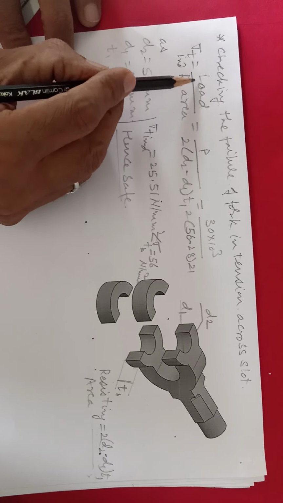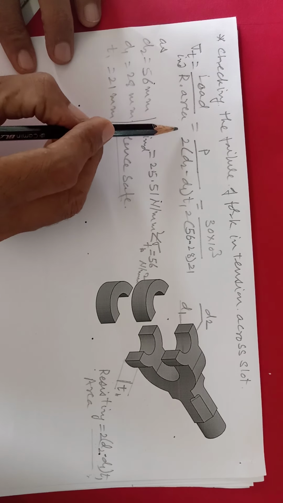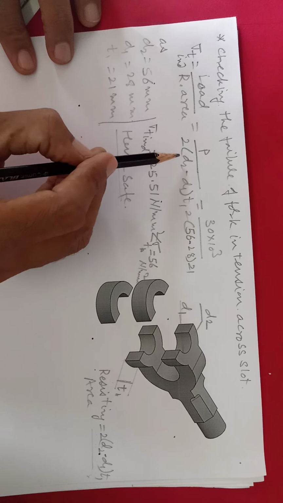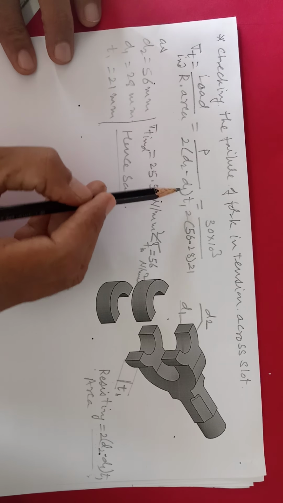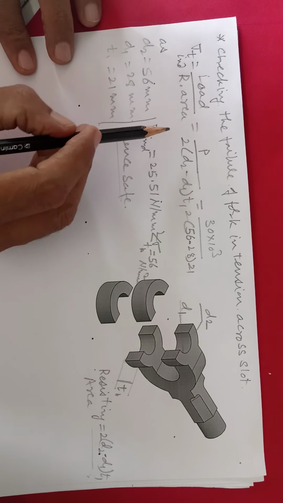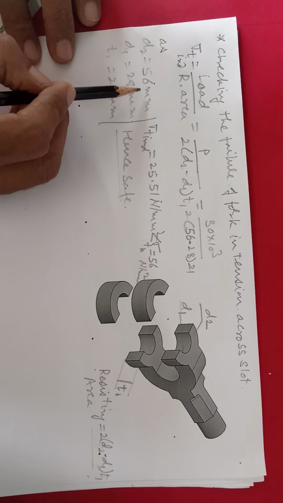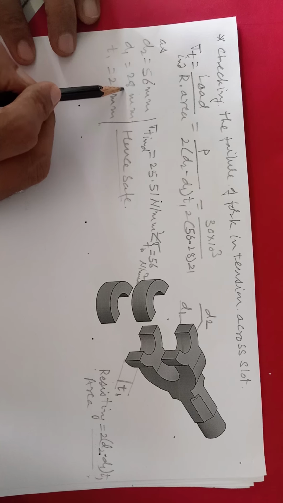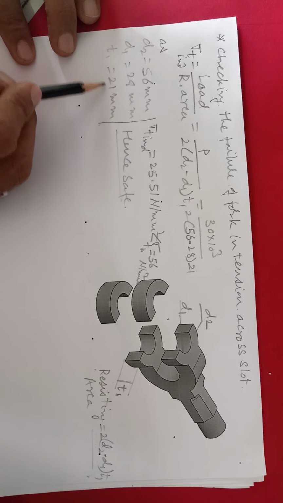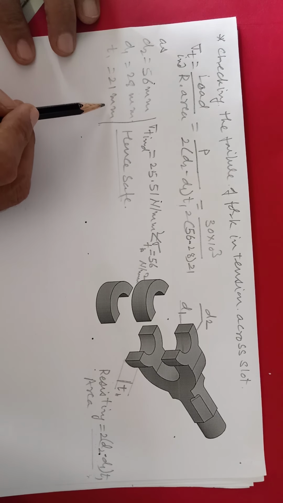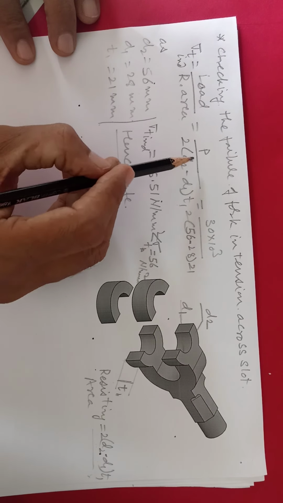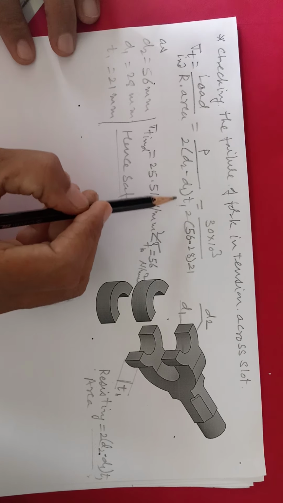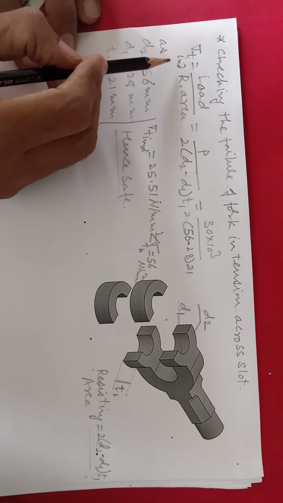Now load is P and resisting area is 2 in the bracket d2 minus d1, multiplied by t1. As the value of d2 is equal to 56, d1 is equal to 28 millimeter and t1 is equal to 21 millimeter, calculated empirically, we put the values of P, d2, d1 and t1 and get the value of sigma T induced.